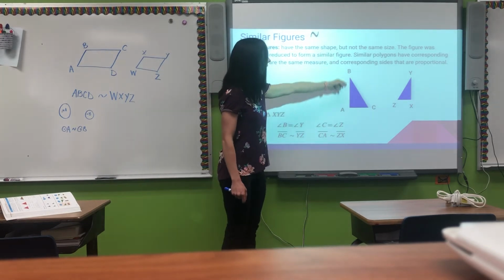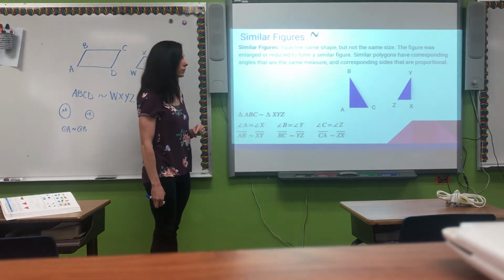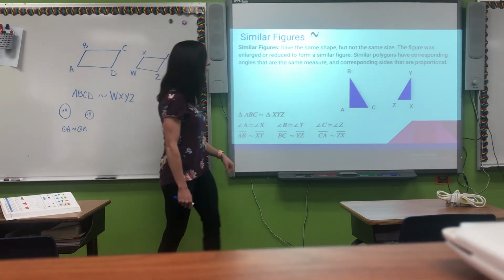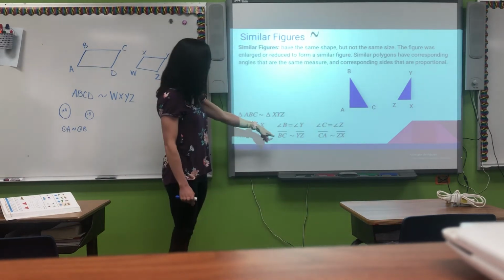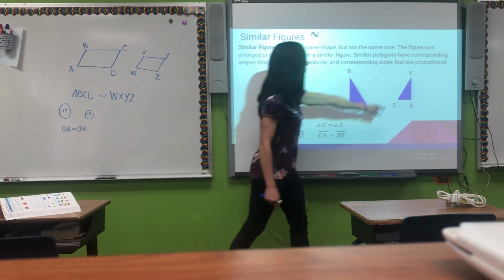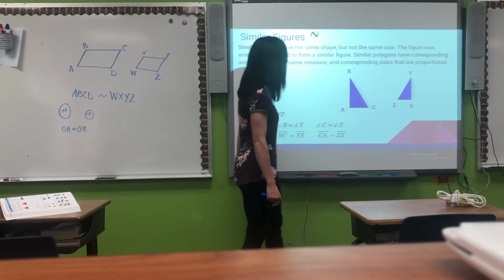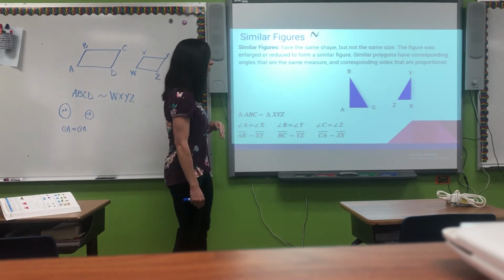Side AB is similar. Now our sides are similar, not equal. Okay? So AB is similar to XY. BC, here's BC, is similar to YZ. So really pay attention to making sure that we're talking about the correct corresponding sides.